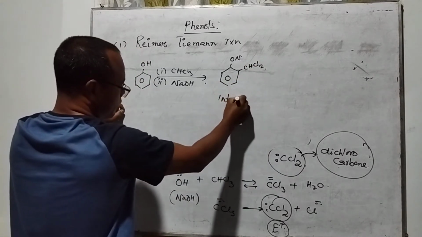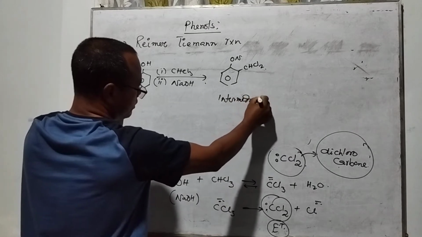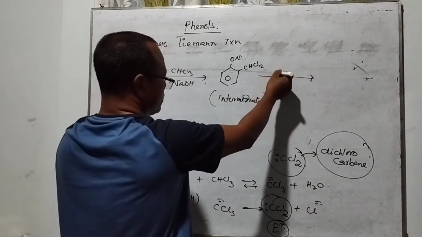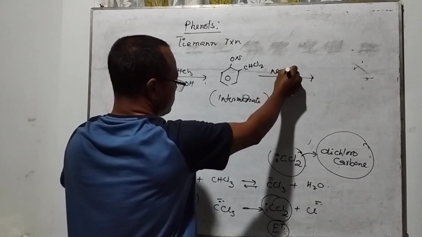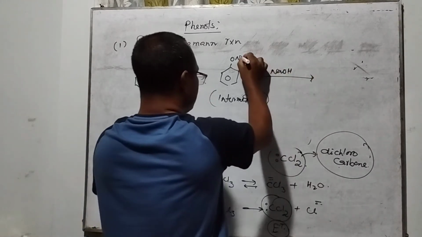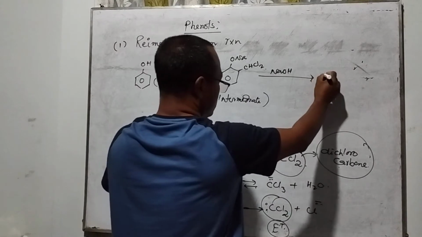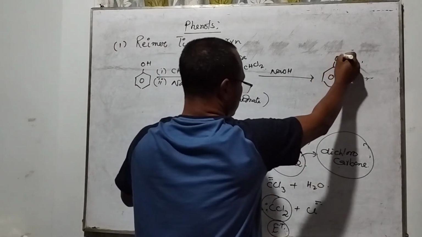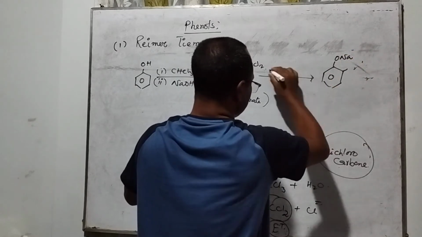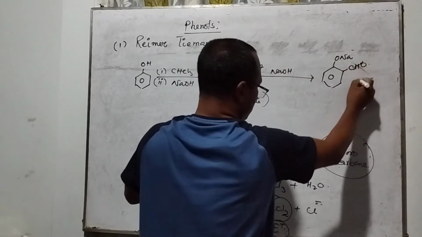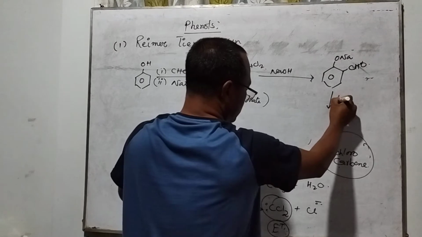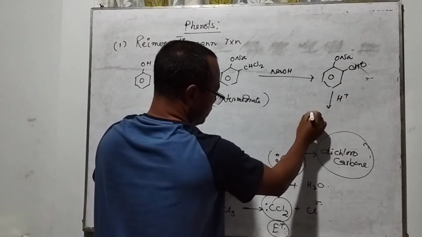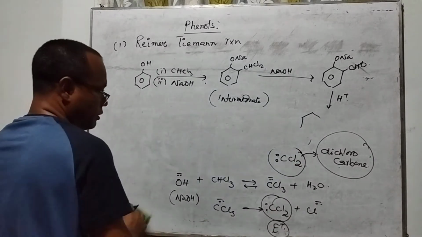After the intermediate, what reaction follows? Again sodium hydroxide, and now it forms this sodium compound, the sodium phenoxide. We write it here, followed by acidification. What is the compound formed here? I just remove these things.